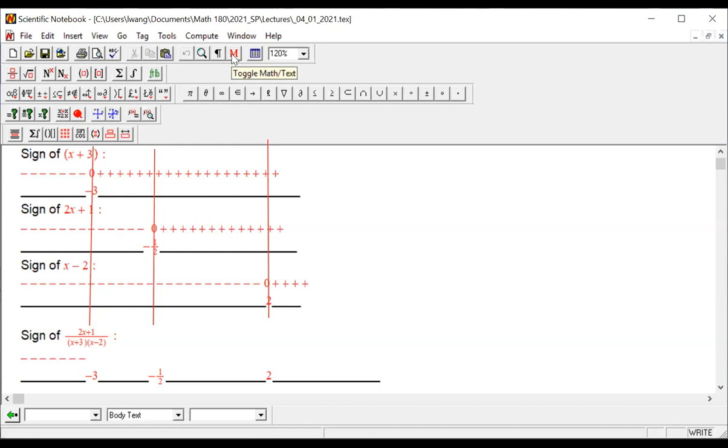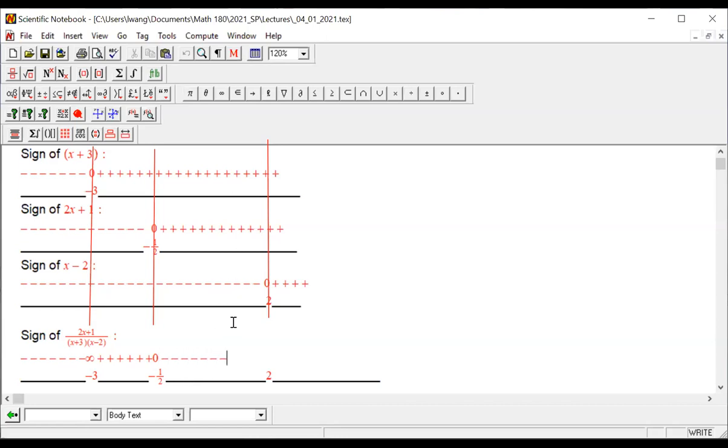At -3, what happened at -3? It's undefined. Between -3 and -0.5, you have 2 negative signs, 1 positive sign. So that's going to be positive. At -0.5, it's 0. Between -0.5 and 2, that's going to be 1 negative sign, 2 positive signs.